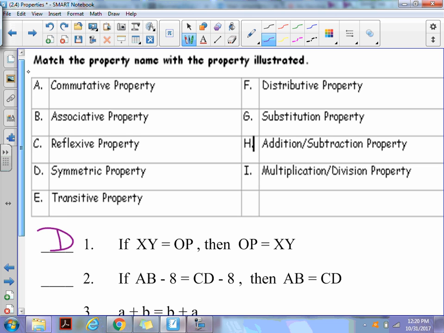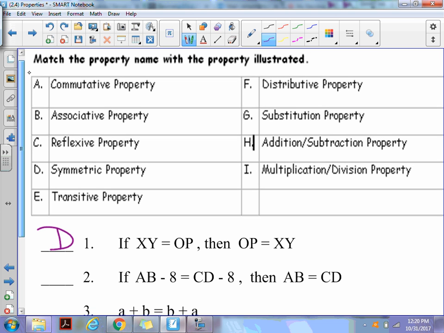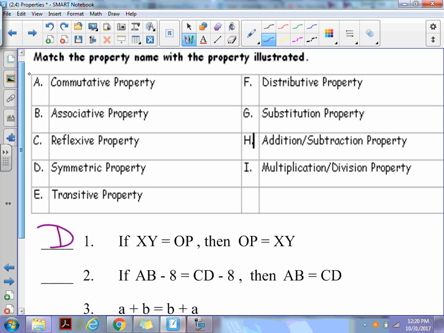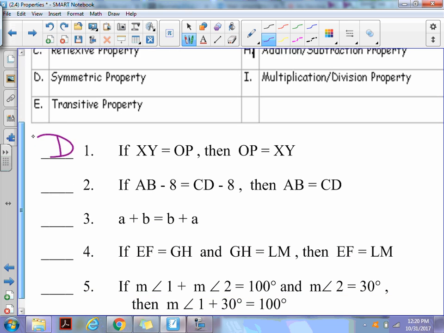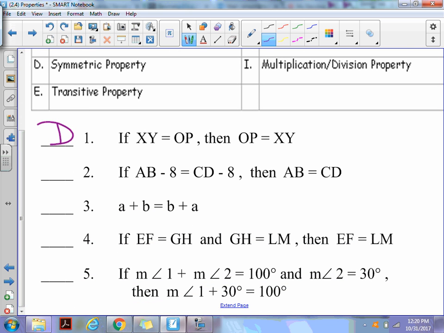Adding the same thing to both sides. H. Thank you. Welcome. Addition property. When you add the same thing to both sides to get it out of there, that's just your addition property. That's what we use when we solve our equations. Yes.